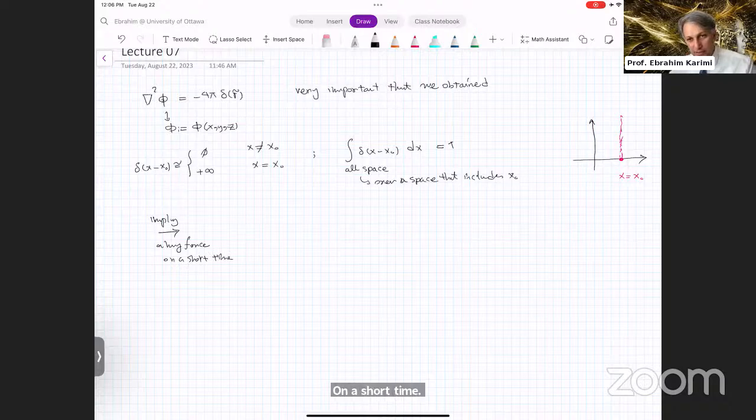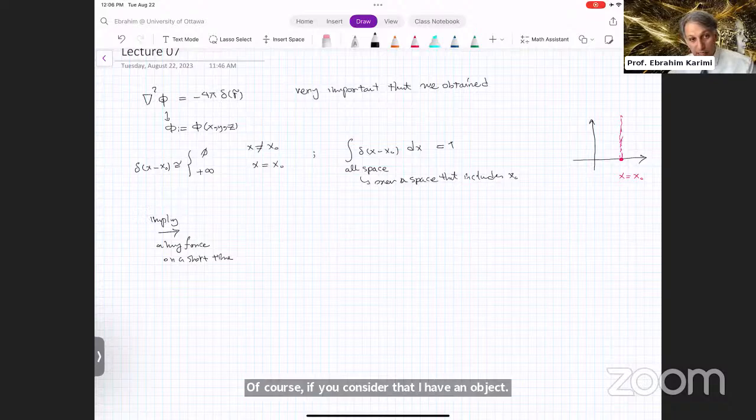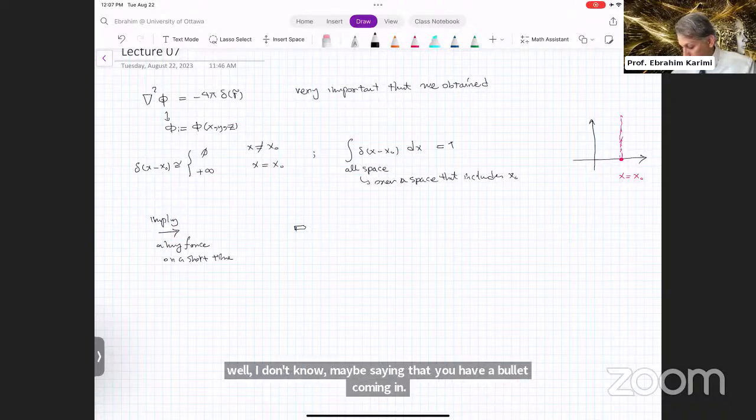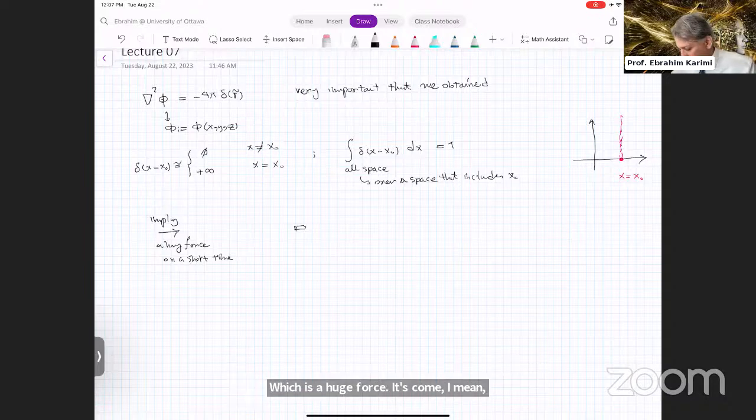Of course, if I apply this huge force to an object, what is expected? You expect that you change the state of that object. So indeed, you apply a momentum to the object. Say you have a bullet coming in, which is a huge force, and suddenly you shoot at a wood.